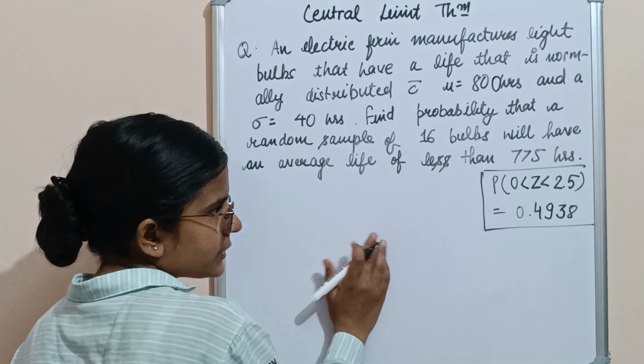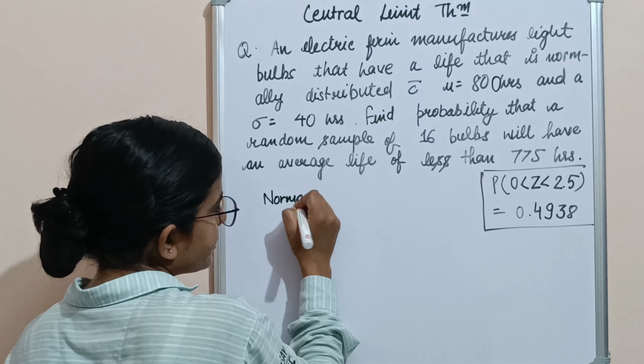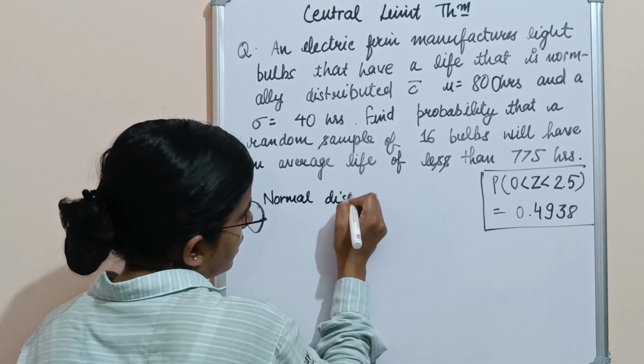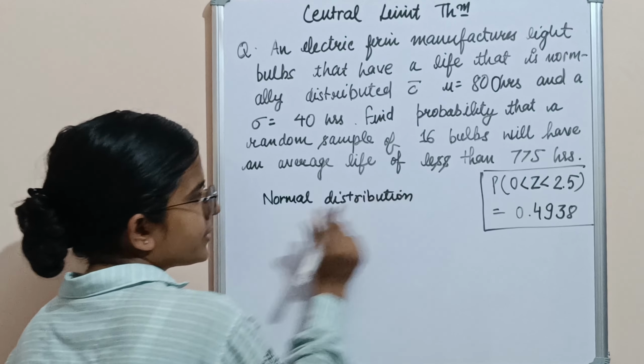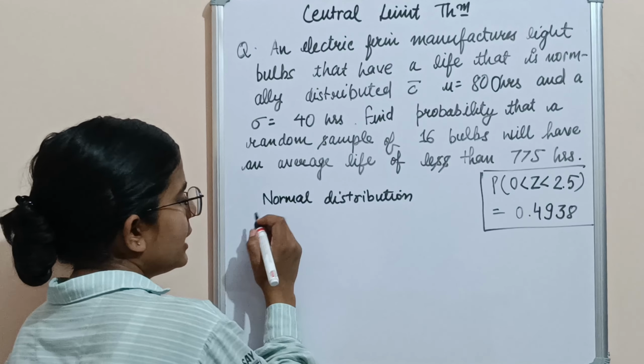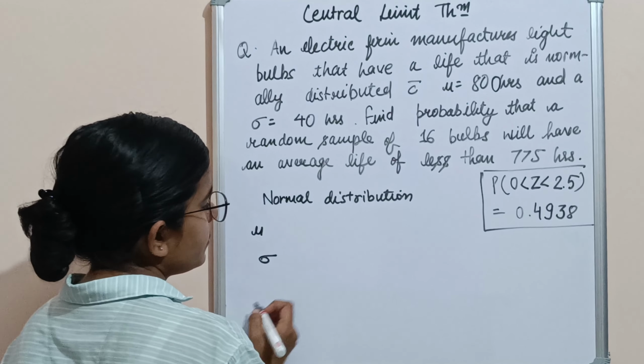This sample of 16 bulbs will follow approximating normal distribution. And as we know, normal distribution has two parameters, its mean value and its standard deviation.